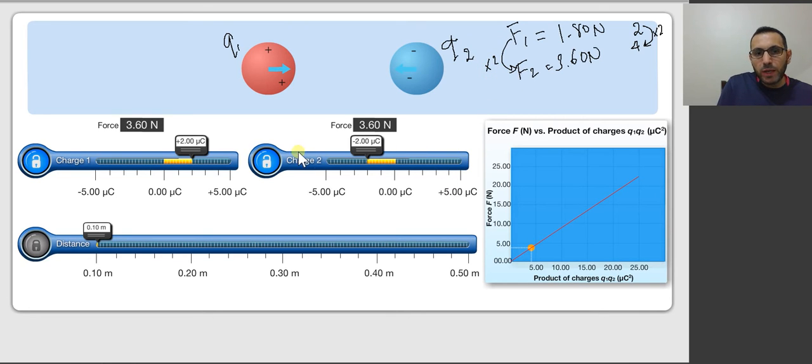Okay, if we make the product 6, I make this 3, and this +3. Now the product is 6. Alright? Now F3 is 5.39 Newton.